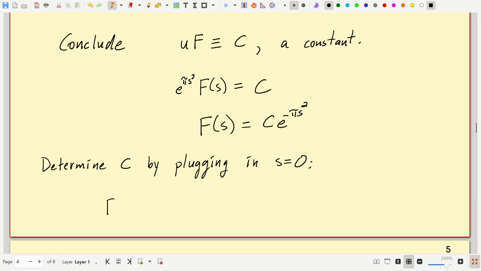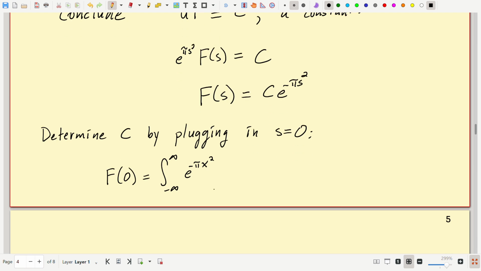Let's see, f of 0, remember, that's the Fourier transform, so that would be equal to the integral from minus infinity to infinity of e to the minus pi x squared times 1 dx, because this 1 would be e to the minus i 2 pi 0 times x.